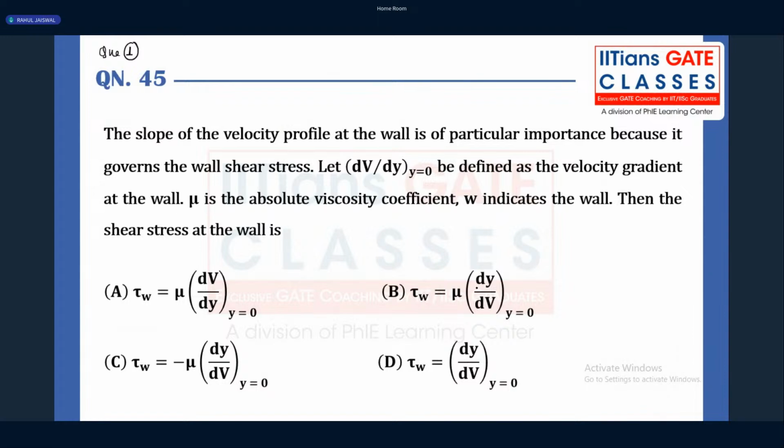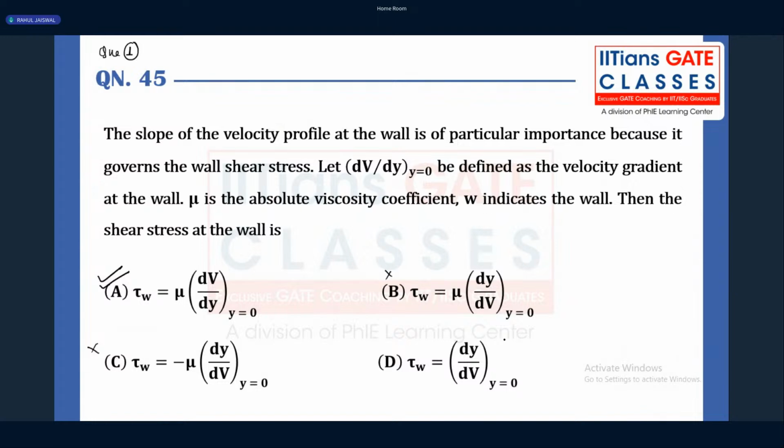So which option is correct? Any one of you? By looking at the options, which option is correct? Option A is correct, right? Because B is given as mu into dy by dv, that is incorrect. And C has a minus, but there is no minus here, so this is also incorrect. What about D? Again, it has not been multiplied with the proportionality constant.